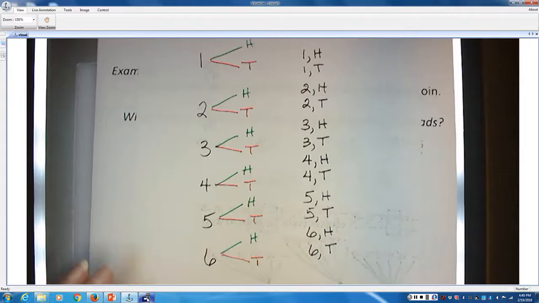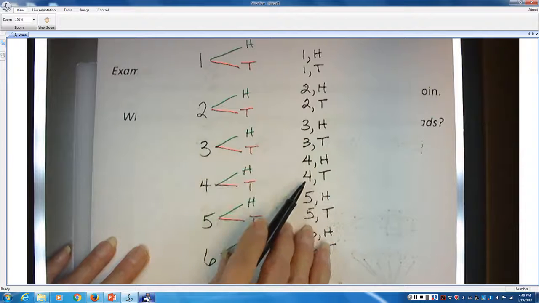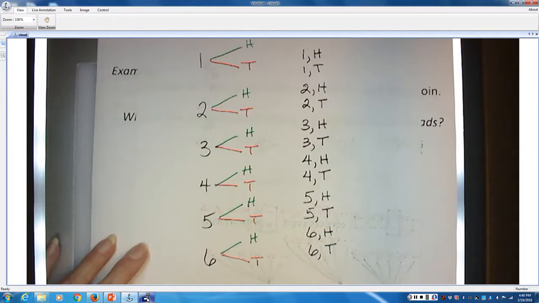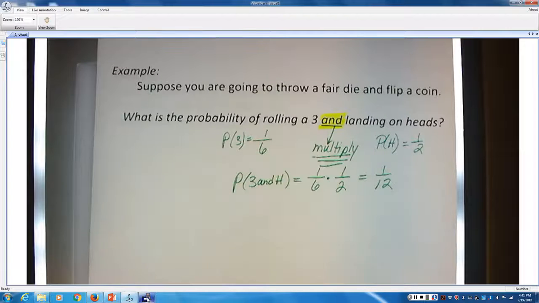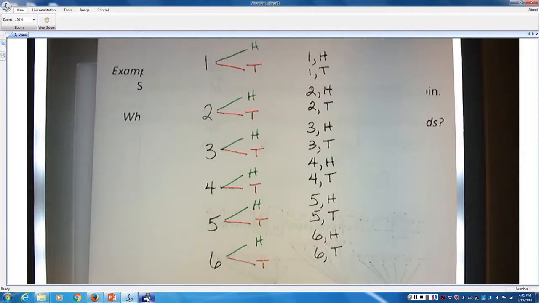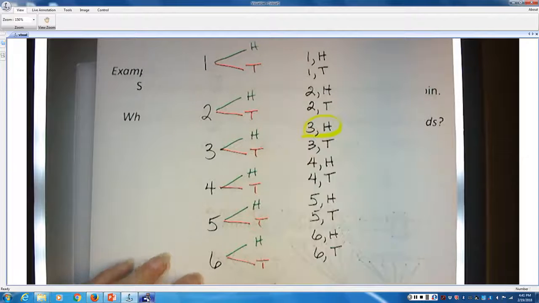How many is that? That's right. 1, 2, 3, 4, 5, 6, 7, 8, 9, 10, 11, 12 different outcomes. Which one is this? And that's the only one.